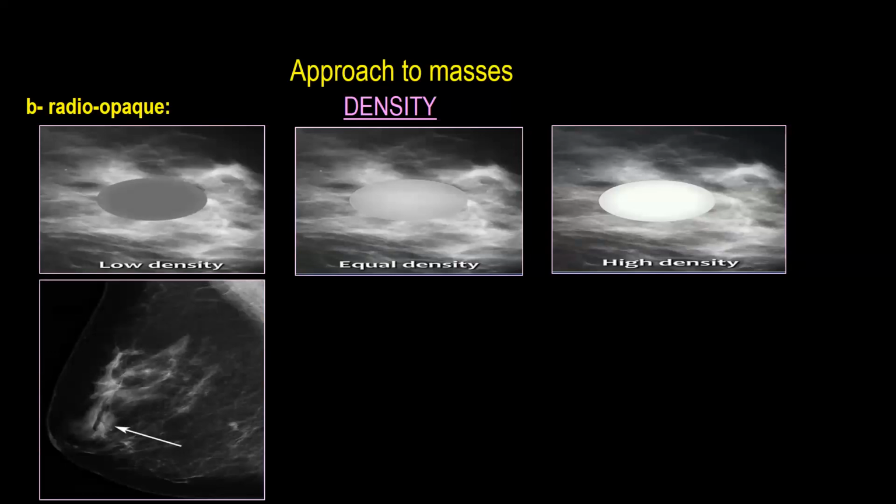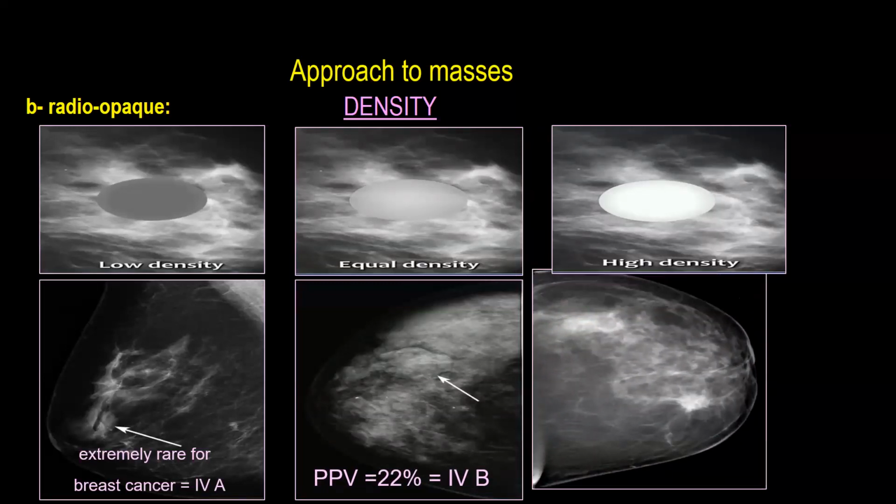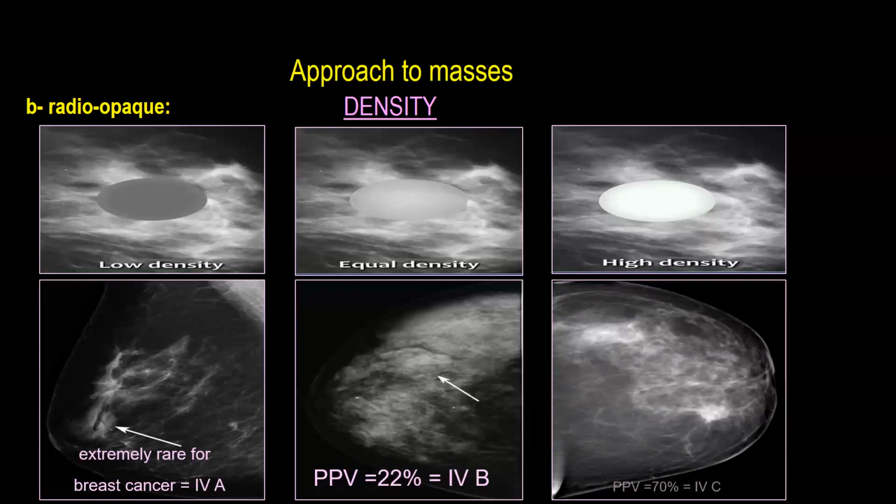Low density. Here is an example of low density, and we said that cancer is rare, and we consider it BIRADS 4A if there are other features. Equal densities, we will consider BIRADS 4B, and definitely high density will be BIRADS 4C.